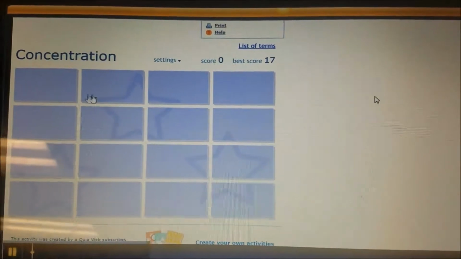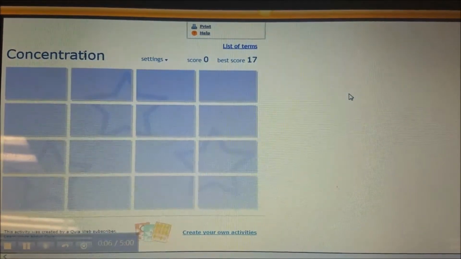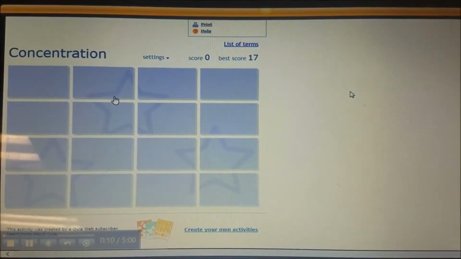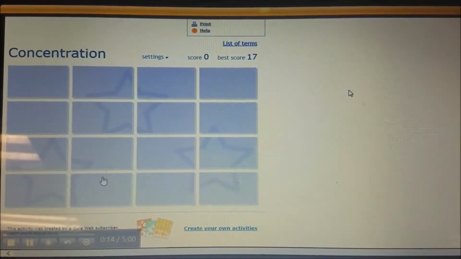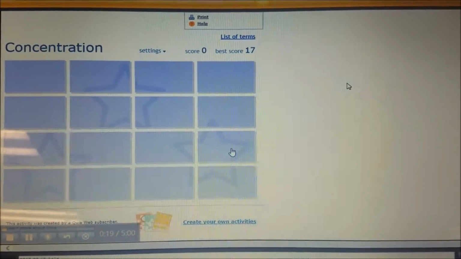So this is a little game that students can use to review how to find the square of a number. Since the Pythagorean theorem involves using the square of a number to find another triangle's side, students will need to know how to use these numbers.